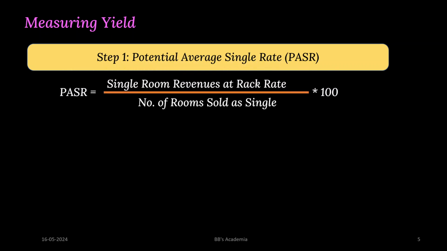PASR is single room revenues at rack rate divided by number of rooms sold as single room multiplied by 100. Once you do this calculation, what you arrive at, that is PASR, and PASR means potential average single rate.